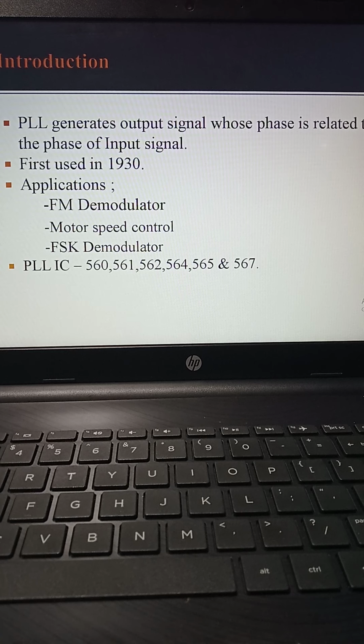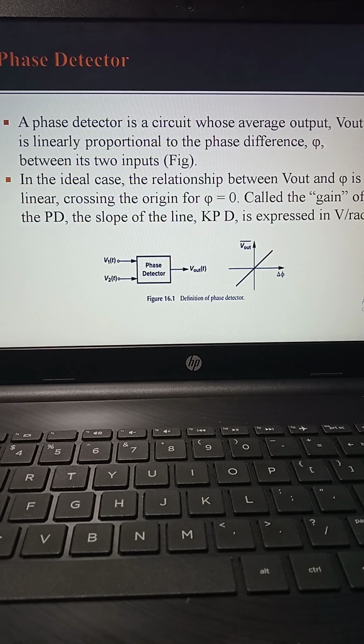Now let's understand the principle of operation of PLL, or we can say the block diagram of PLL. Before going into detail about the block diagram of PLL, we first discuss the phase detector.